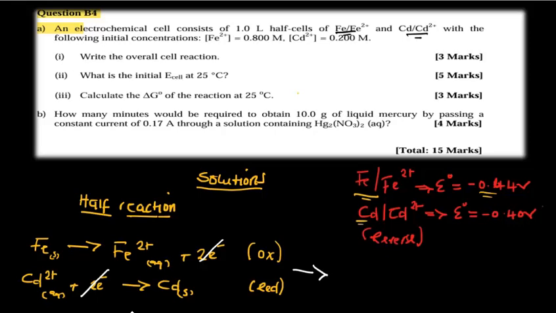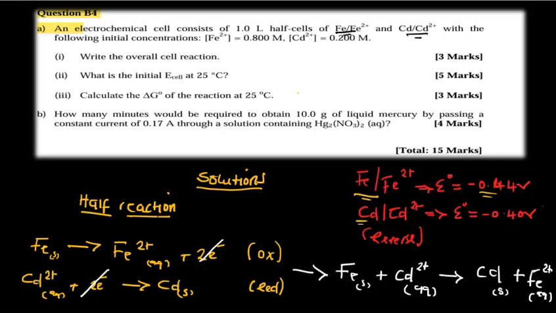So in this case, what we have as reactants is iron solid plus cadmium 2 plus aqueous. We are producing cadmium solid plus iron 2 plus aqueous. So this is basically our overall cell reaction.